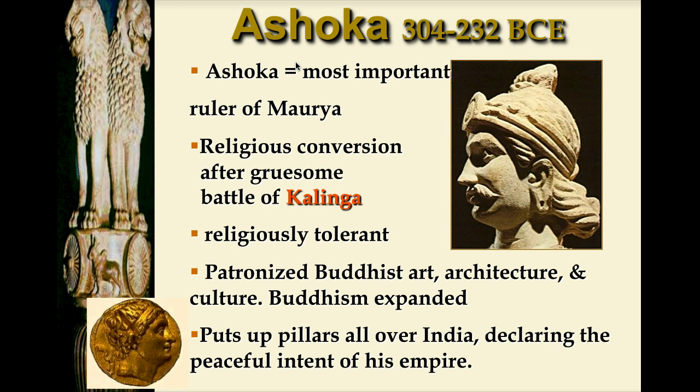So what Ashoka does is he puts these pillars up all over the empire, declaring the peaceful intent. They would justify his rule through the ideas of the Buddhist. And under Ashoka, the Mauryan Empire becomes a Buddhist empire. It mixes pretty well with the reality from India, like the caste system.